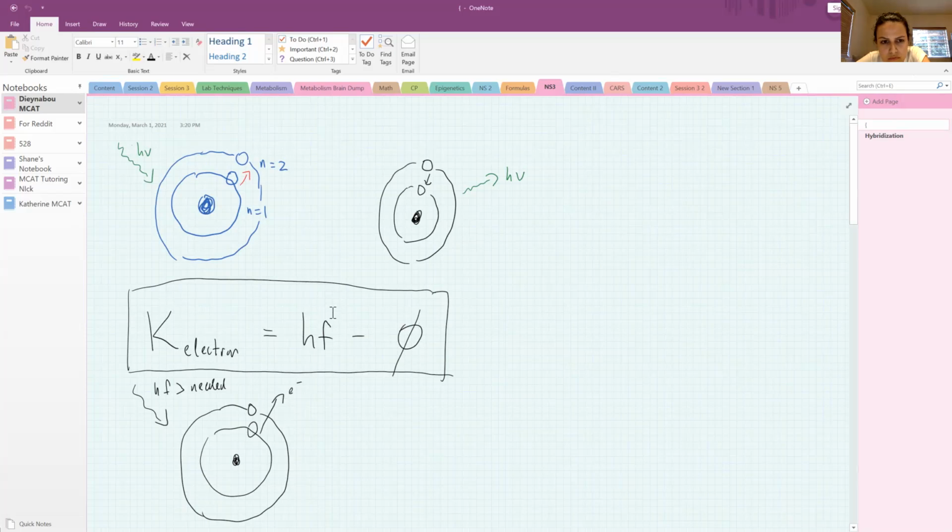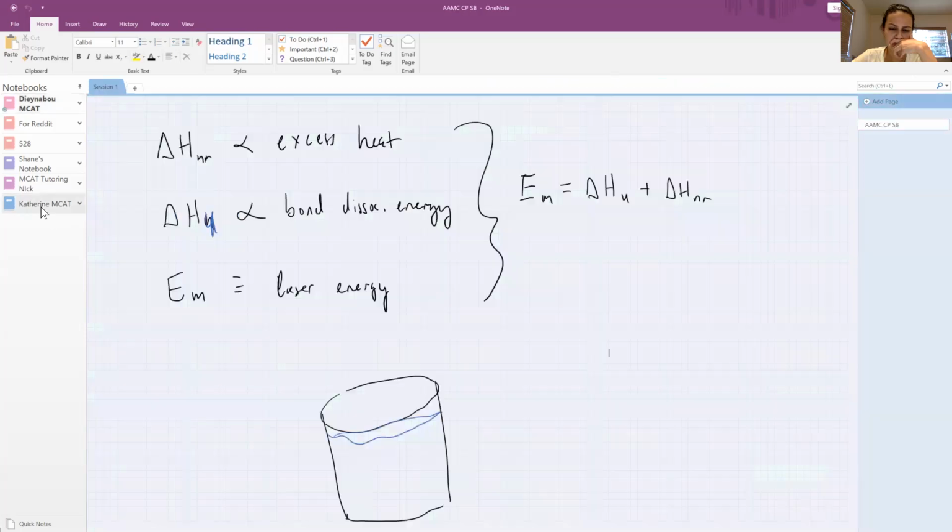Sorry, this is the excess, where this is the highest amount, the highest out of these two. So if I just wrote HF and added the work function on both sides, it would look like this. This is the energy of the photon, which is HF.